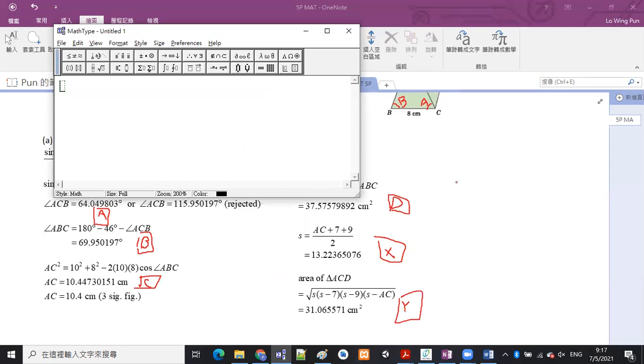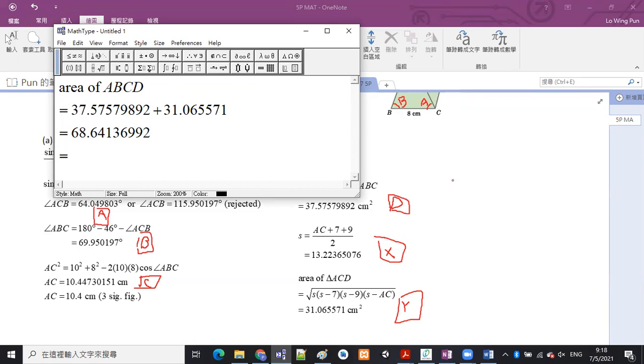Finally, the area of ABCD will be equal to memory D plus memory Y. Should be 68.64136992.